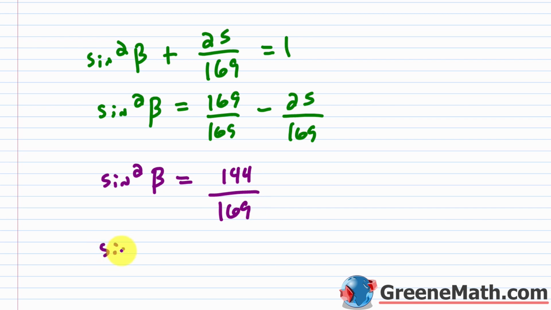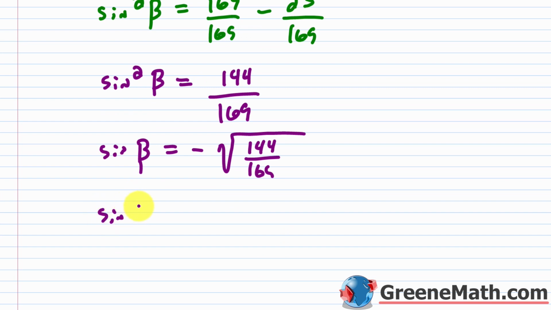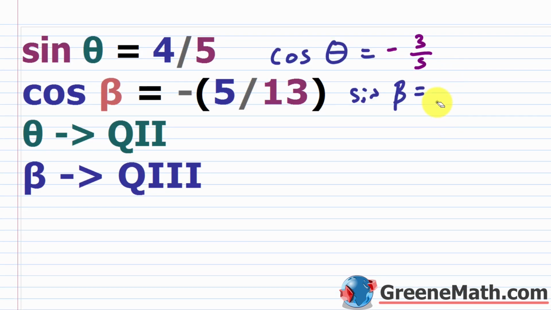So the sine of beta is equal to the negative of the square root of 144 over 169. The square root of 144 is 12, the square root of 169 is 13. So the sine of beta is equal to the negative of 12/13. Let's put this up here.